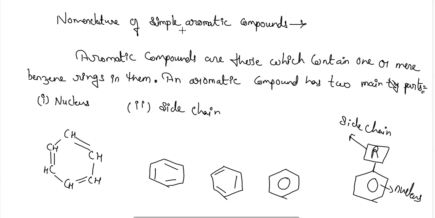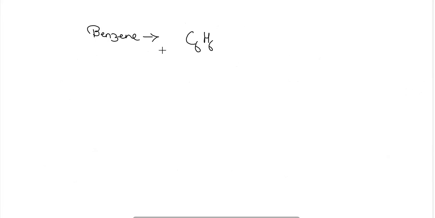Here you can see that 6 carbon atoms with 6 hydrogen atoms are attached together in the form of a hexagon, and that is termed as benzene, C6H6.